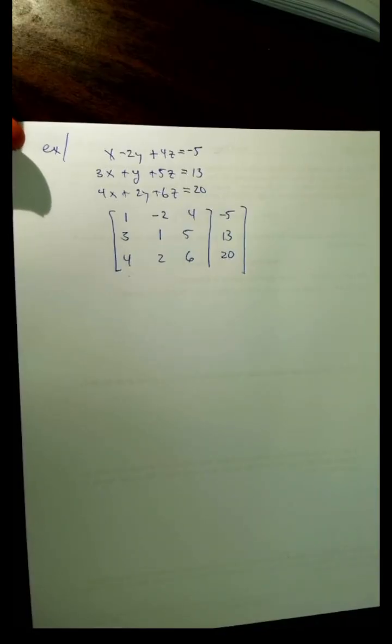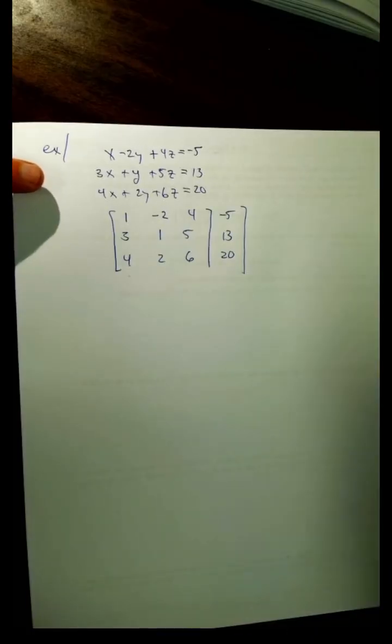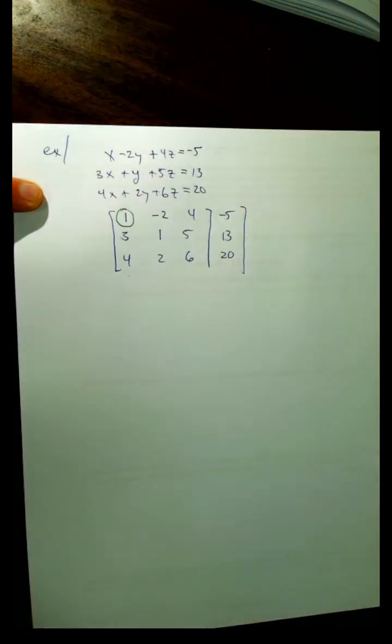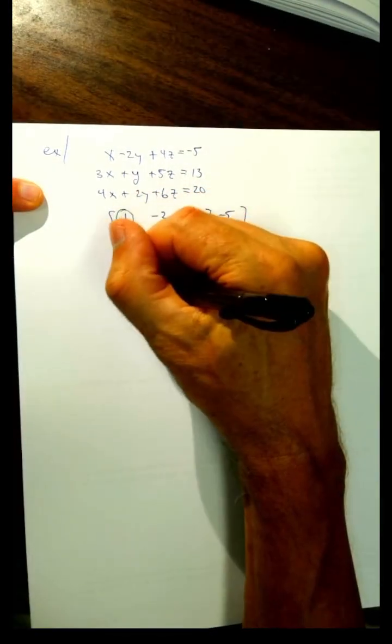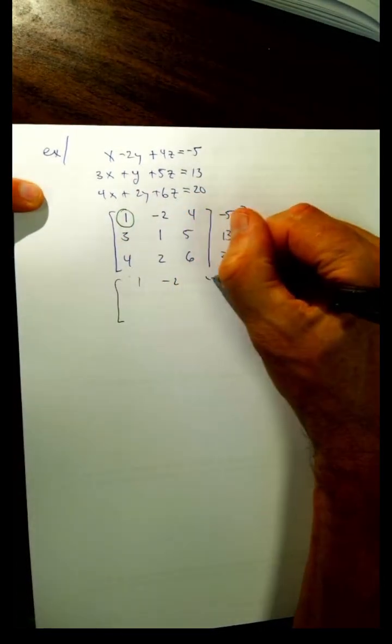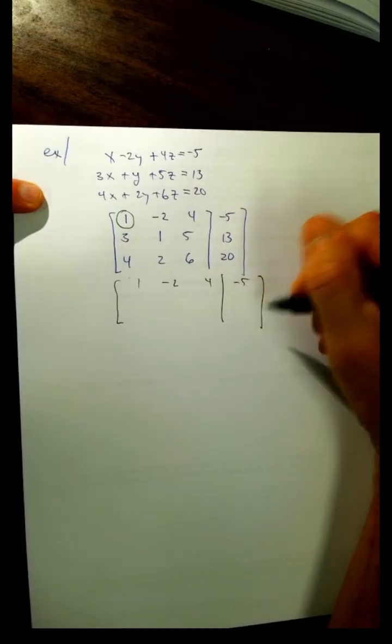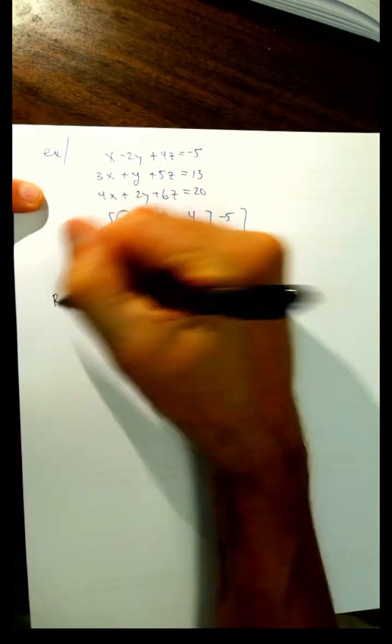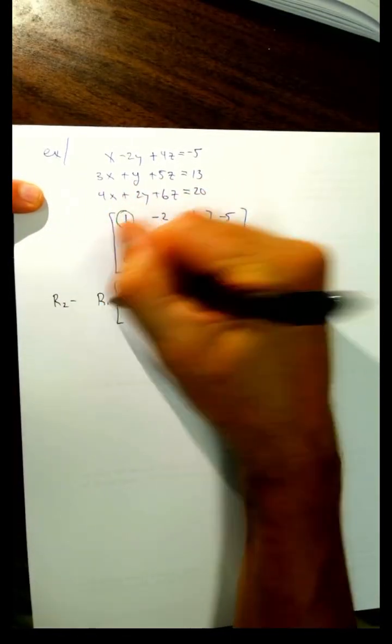Okay. Let's do this. So I'm just going to go through and put this in reduced row echelon form. It's going to be my first pivot. So I'm going to leave that row alone. It's already a 1. So I want to take row 2 minus something times row 1.